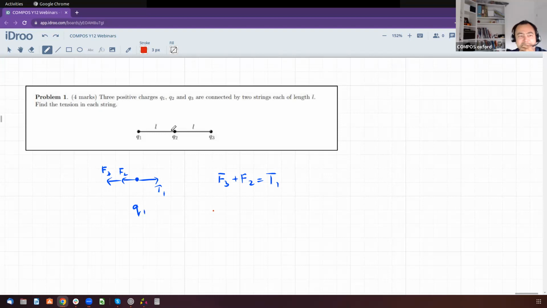Maybe a silly question, but could it be that the system is not stationary, that it's accelerating? Mass doesn't matter. Well, it would matter if you had acceleration. They are stationary. The question is, how do we know that they're definitely stationary?